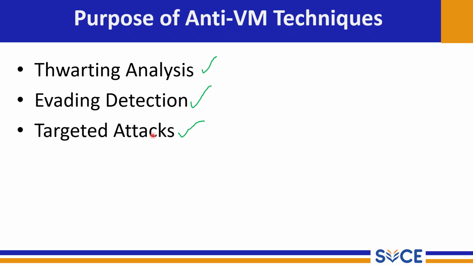In some cases, malware may have different functions or payloads depending on whether it is running on a physical system or a virtualized one. So these are the main purposes of anti-VM techniques: thwarting analysis, evading detection, and targeted attacks. Okay, next slide.